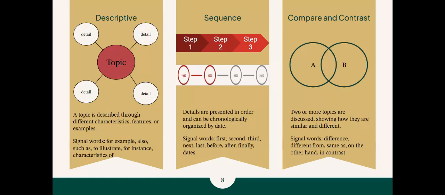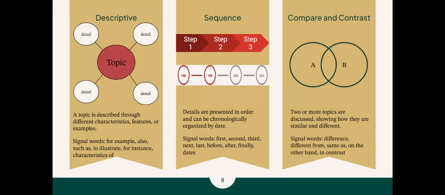It would be helpful to give students graphic organizers that show the flow of steps or put the dates in order, such as a timeline. Signal words include first, second, third, next, last, before, after, finally, and dates.